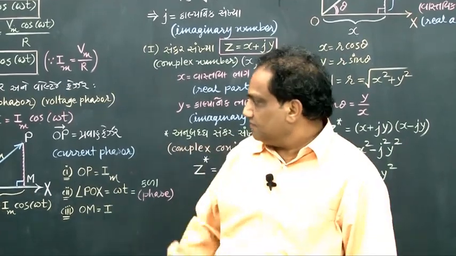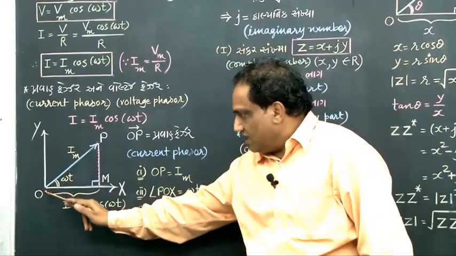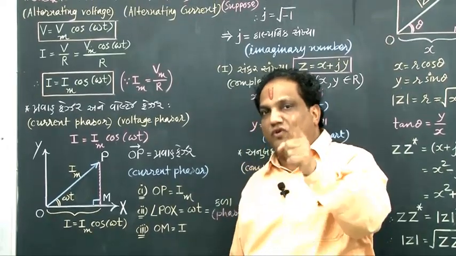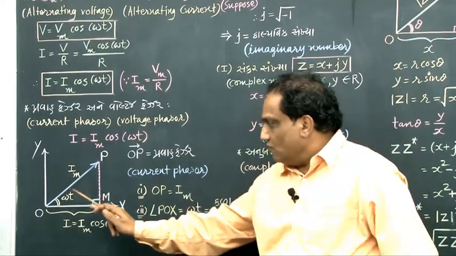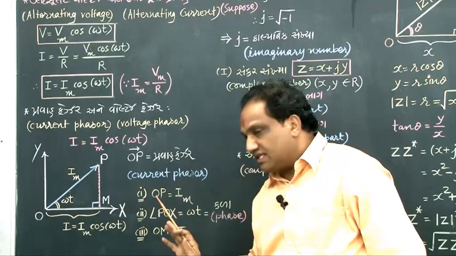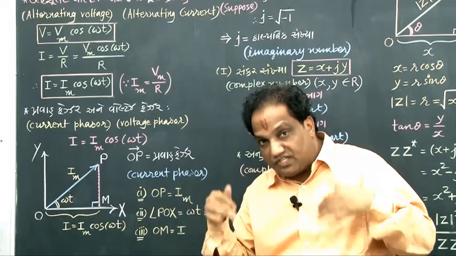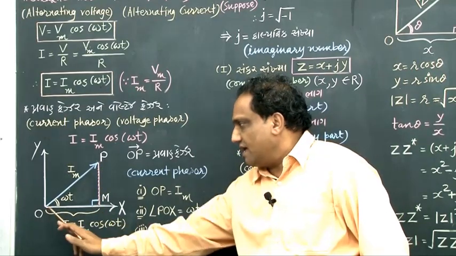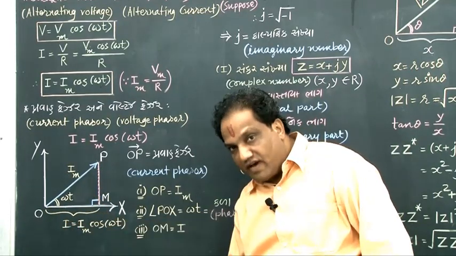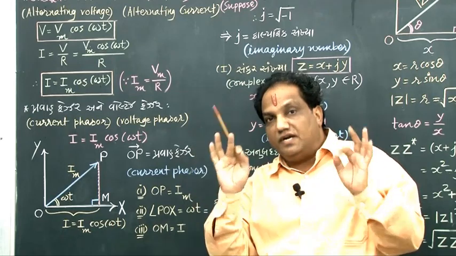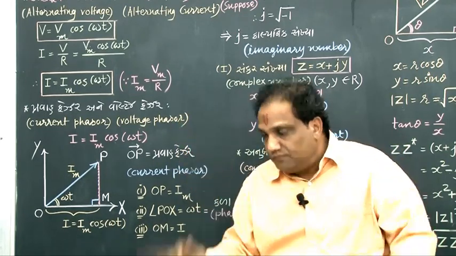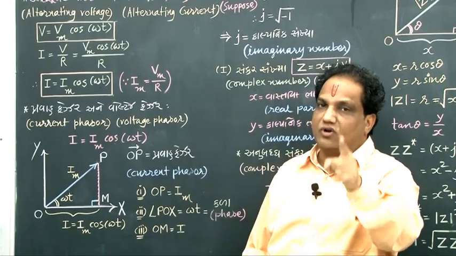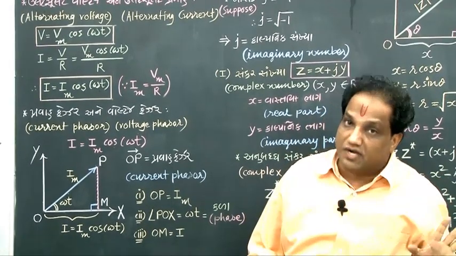P-H-A-S-O-R. Fine. A vector whose length is equal to the amplitude of the oscillating quantity, whose angle with the positive x-axis is equal to its phase, and whose component along the x-axis or y-axis gives its instantaneous value is called a rotating vector or phasor of a given oscillating quantity.